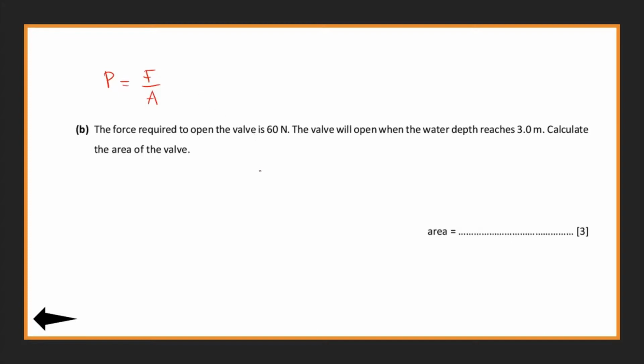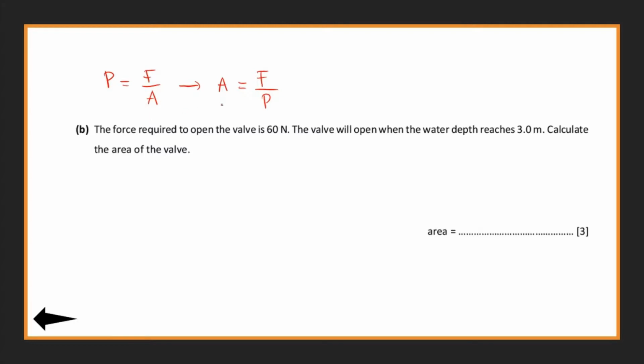Since in this question we are asked to calculate the area of the valve, we can modify this equation into area equals force over pressure. To modify this equation, just exchange the position of P and A.